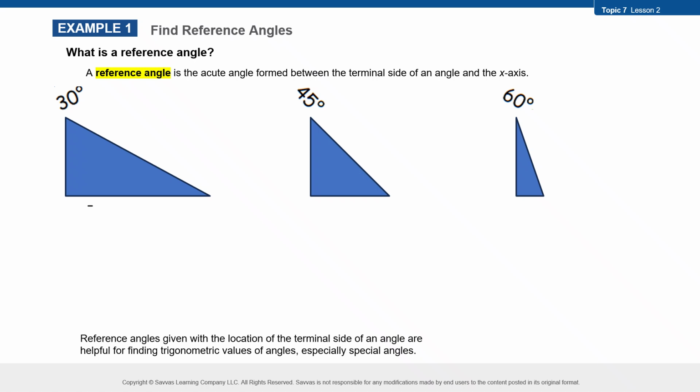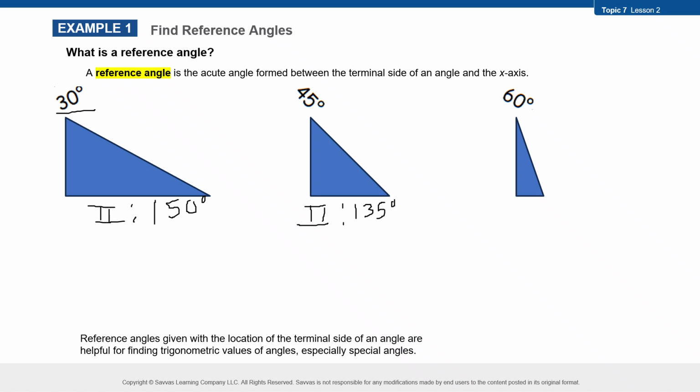In quadrant 2, 150 degrees has a reference angle of 30 degrees, because 180 minus 150 gives you 30. For 45 degrees, you have an angle in quadrant number 2 of 135 degrees.